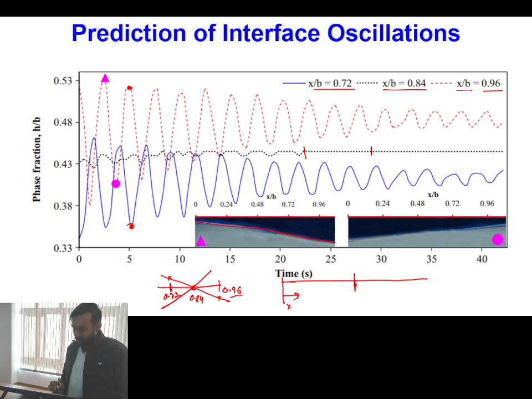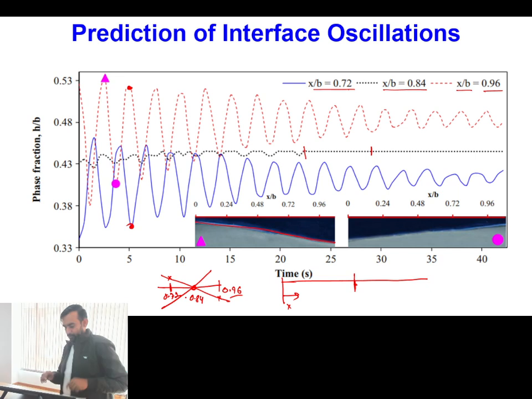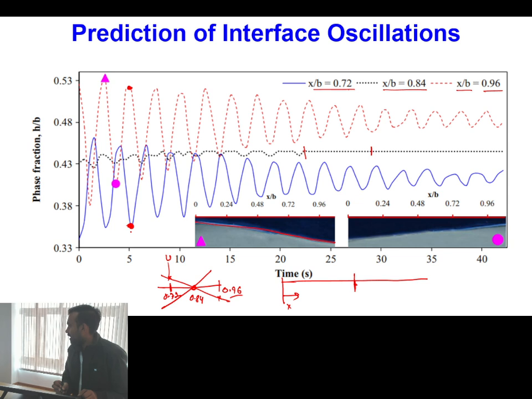Because one is on the left side of the pivot point and the other is on the right side. When the interface is moving like this, for this particular detector the height is less, so there is a decrease in the signal. But for this detector the height of the kerosene is more, so it gives a higher value.